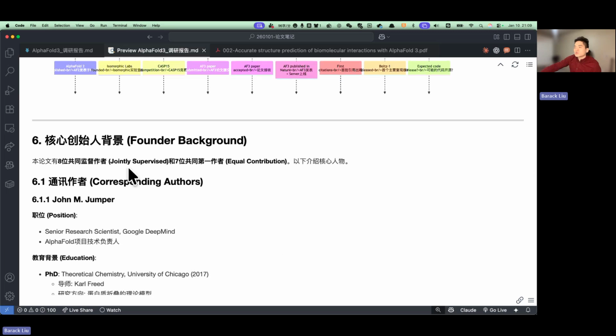Eight jointly supervised authors and 7 equal contributions.